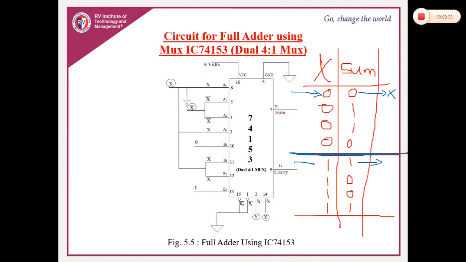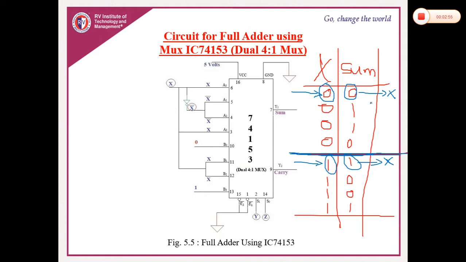Then look at the first combination for both. Whenever X is 0, output is 0. Whenever X is 1, output is 1. Means it is following the input X. So the first combination is X.